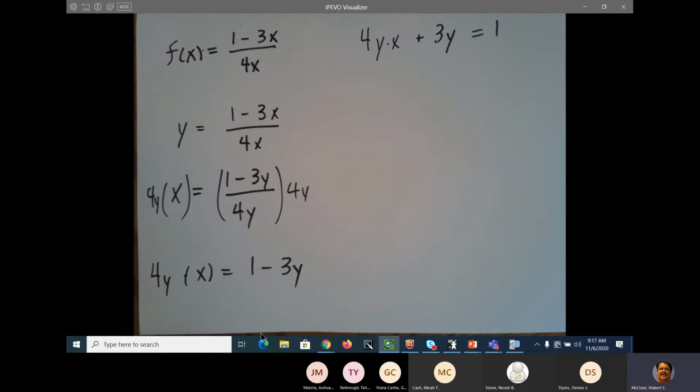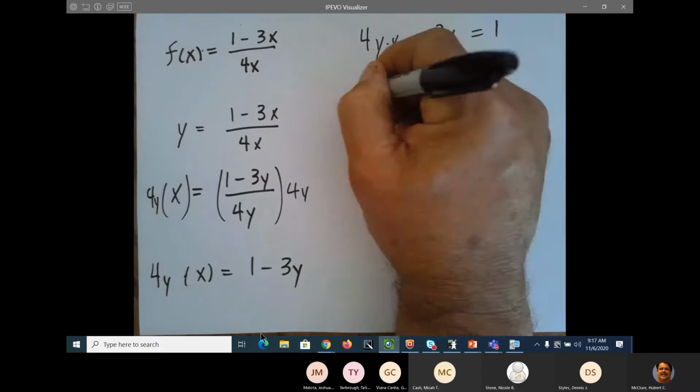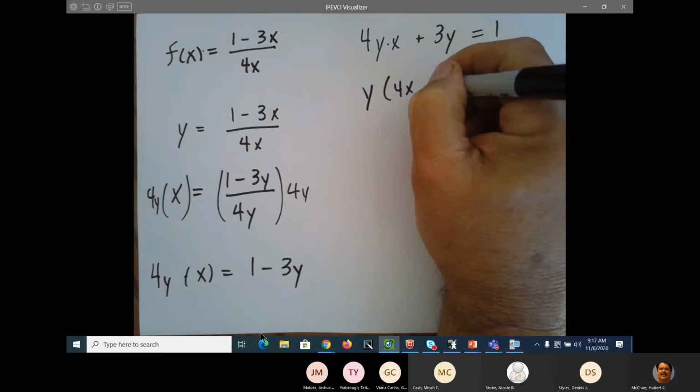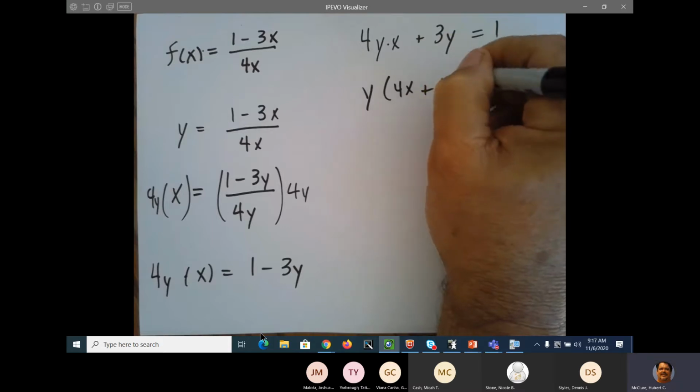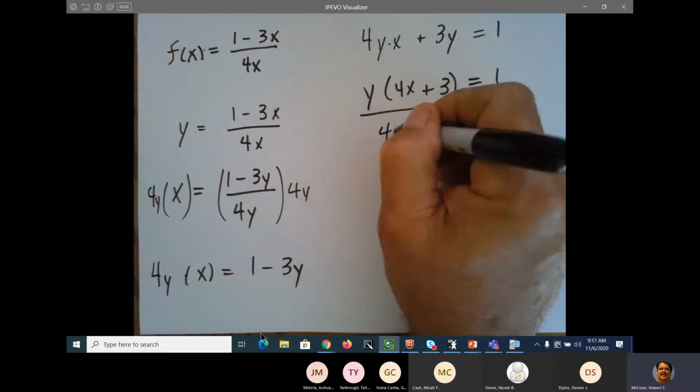And then I'm going to factor out y. That's going to give me y times (4x plus 3) is equal to 1. And divide by 4x plus 3.